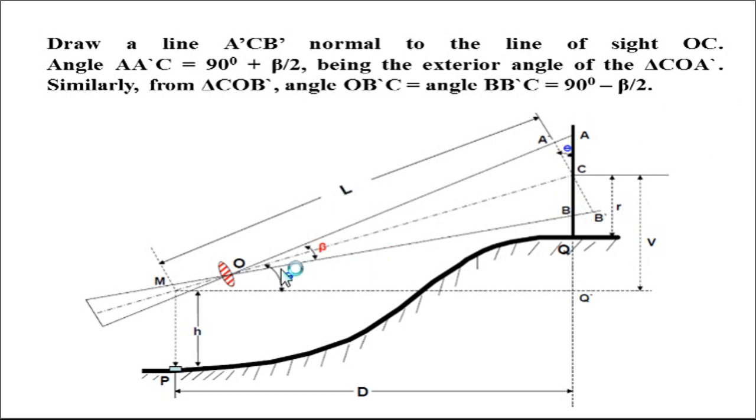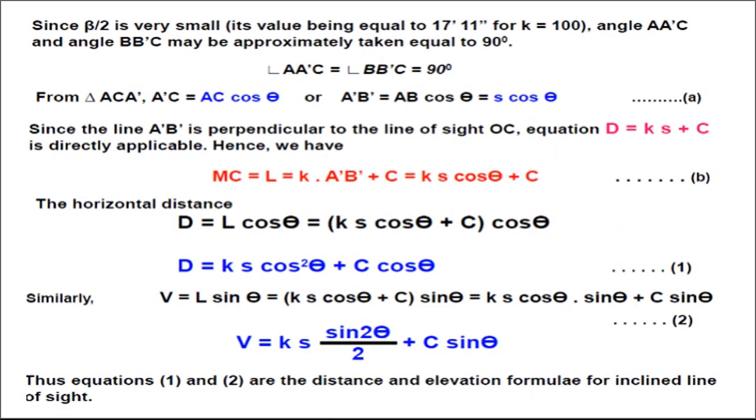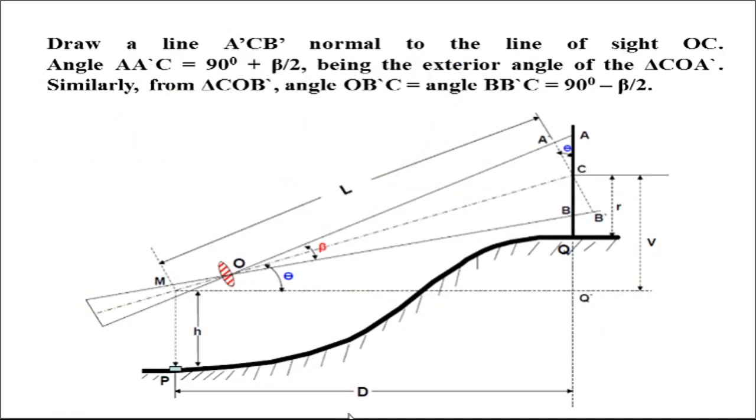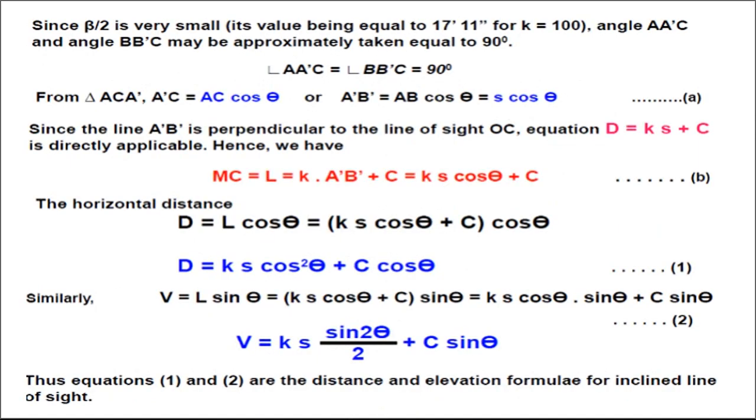Okay, so this theta we can call the angle of elevation. Next slide. Since beta by 2 is very small in this figure, this is angle beta, and if we take beta by 2, it is half of this beta, so it is a smaller one. So since beta by 2 is very small, angle A dash C and B dash C may be considered approximately equal to 90 degrees.